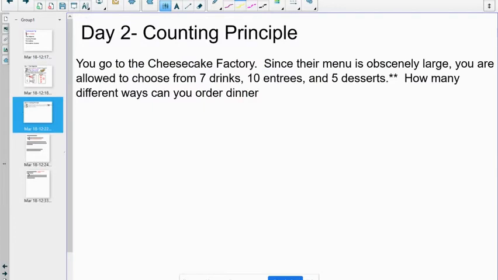Now for day 2, the counting principle. Remember how you can multiply the number of choices within each decision? We have a drinks decision, an entree, and a dessert decision. Within the drinks decision, we have 7 options.